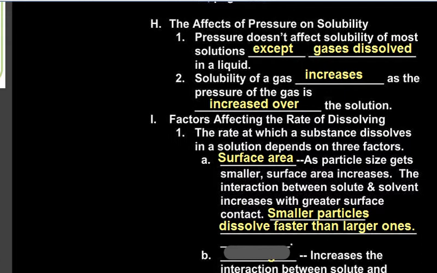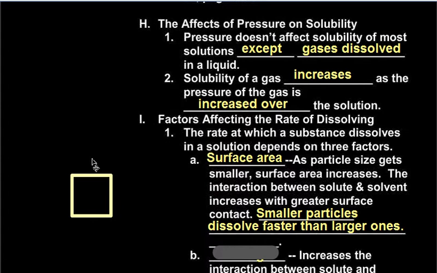So if we get this solute here, we'll say it's a square, like a salt crystal, the only place where that happens is out here on the surface of the solute, and not in here.